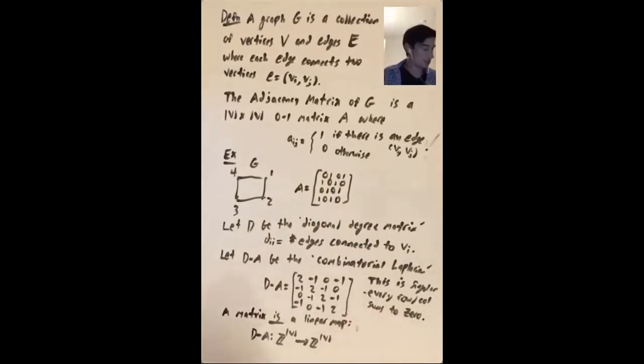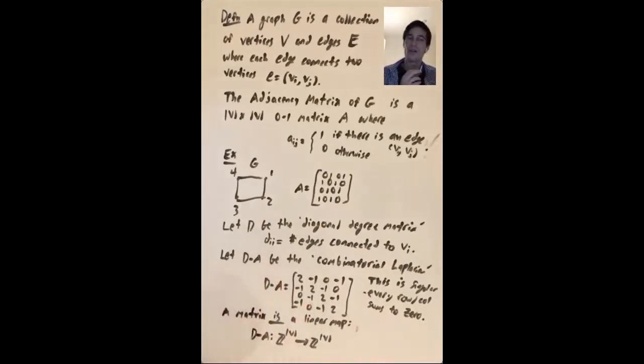Okay, so a matrix is a linear map. D minus A gives a linear transformation from Z to the number of vertices to Z to the number of vertices. So what does this map tell us about this graph?